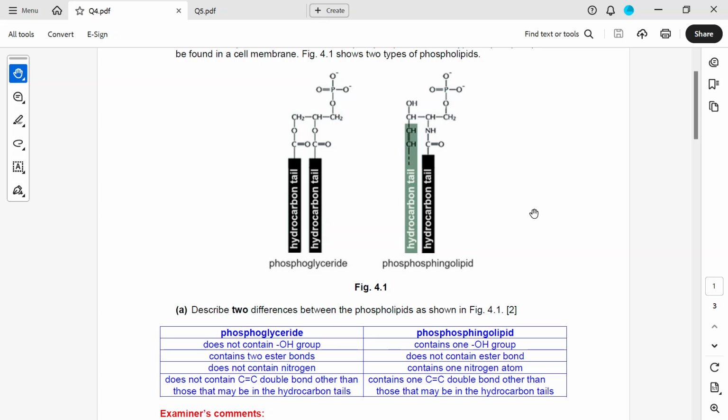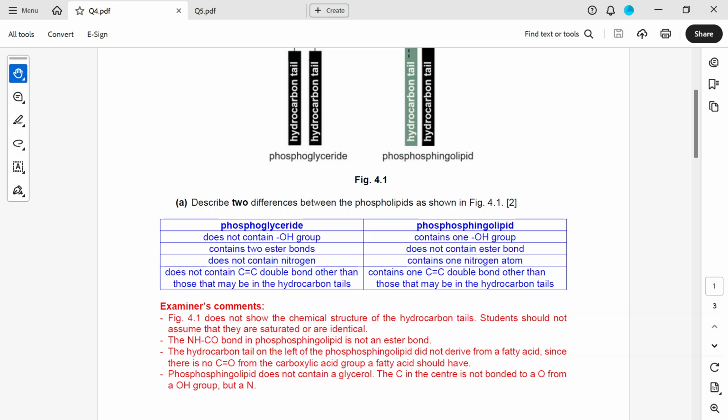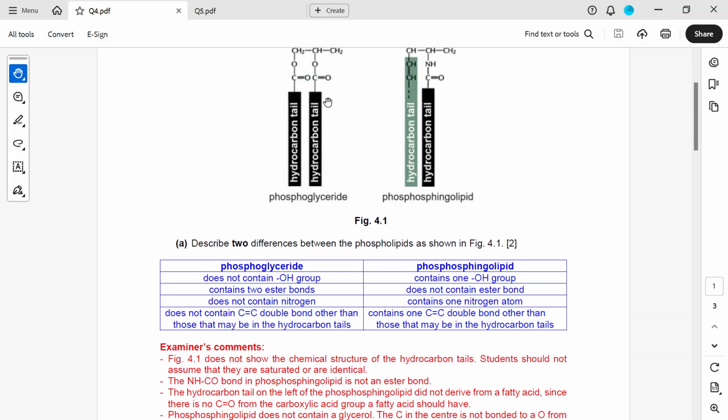These are the differences that I have accepted, and there are a few more that I did not include. But really not identical hydrocarbon tails versus different hydrocarbon tails, or that they are saturated versus unsaturated, again because we don't see the chemical structure of the hydrocarbon tail.